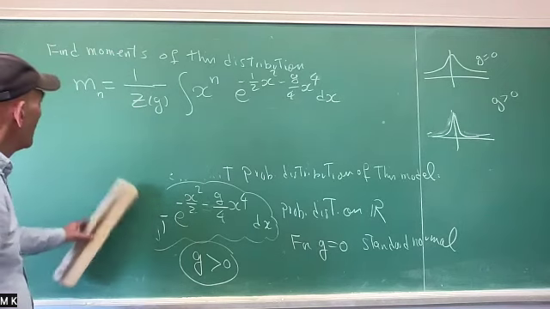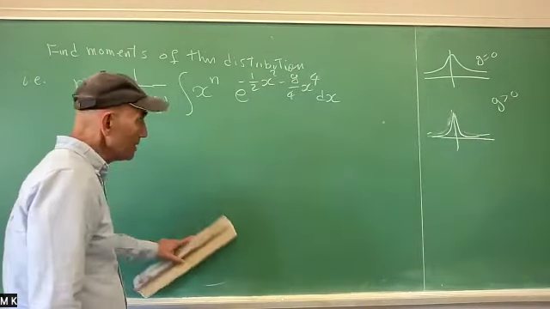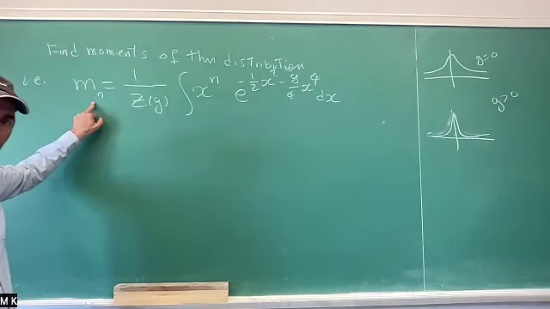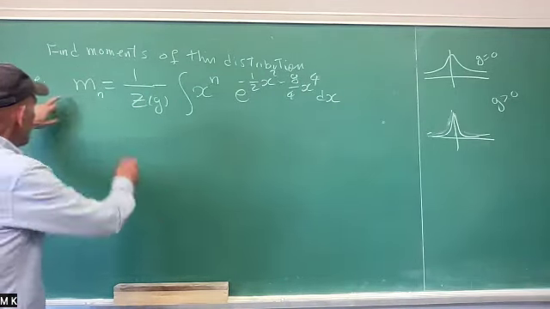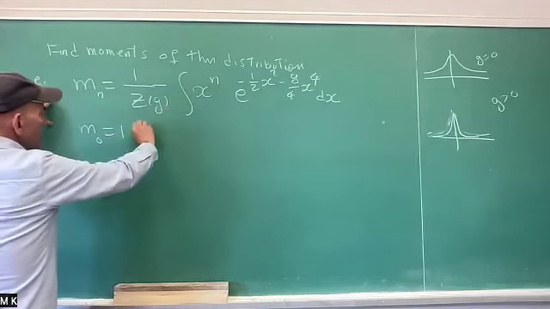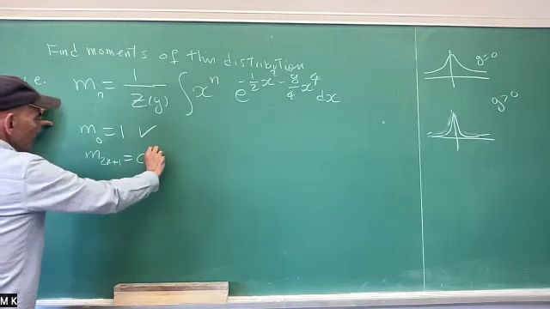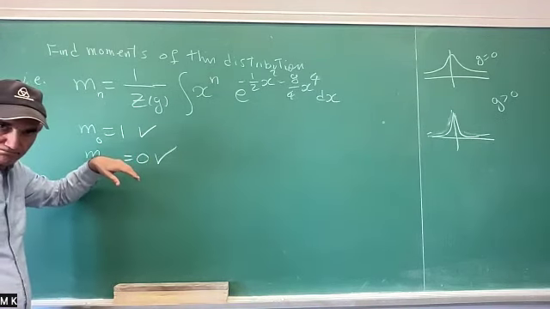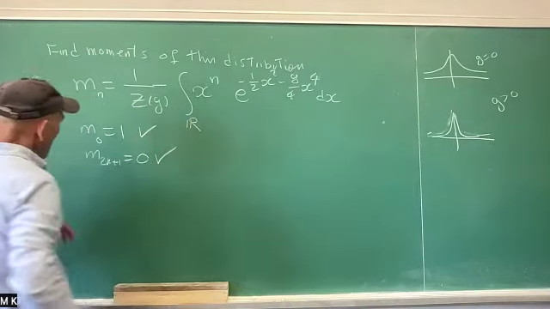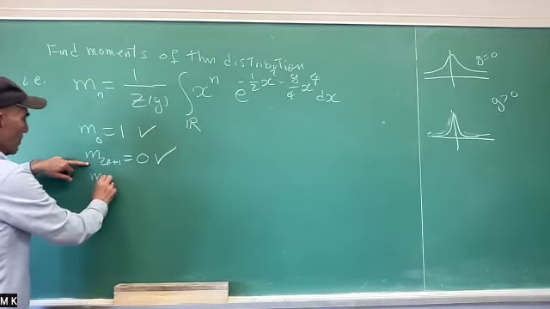One thing very easy to observe is that odd moments are all 0 again, by a symmetry argument. First of all, M0 is equal to 1 because this is the total mass, and M2K plus 1 is equal to 0, by symmetry: odd function integrals over R. What we don't know is M2K, basically.